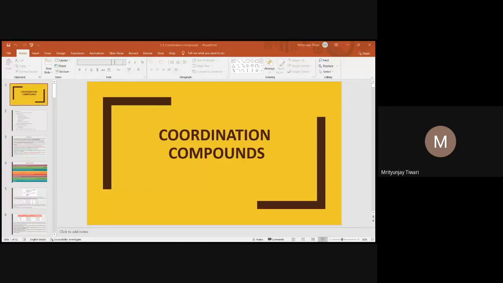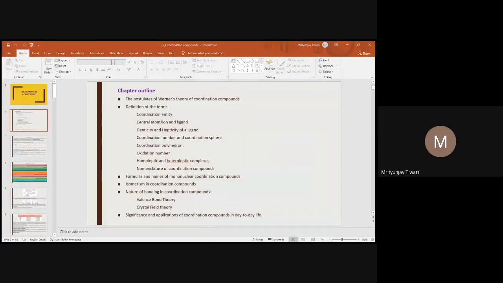It means this ligand can bind through one atom to one metal, and through another atom it may bind to some other metal. Such ligands we call bridging ligands. And usually bridging we see in the case of multi-dentate ligands. And hapticity we also define.